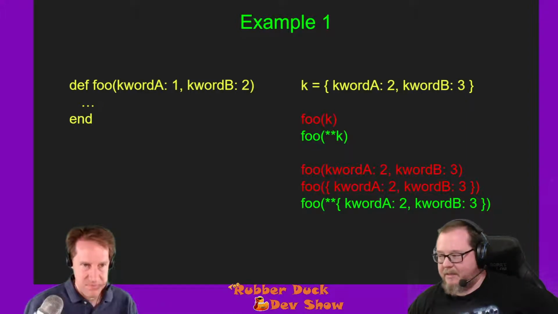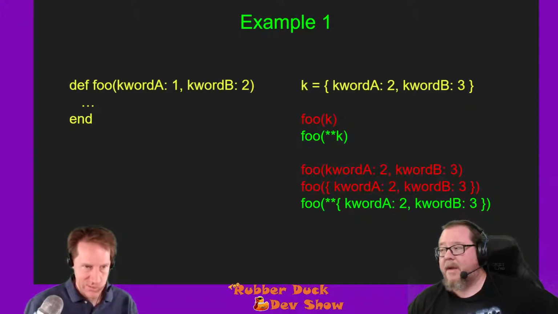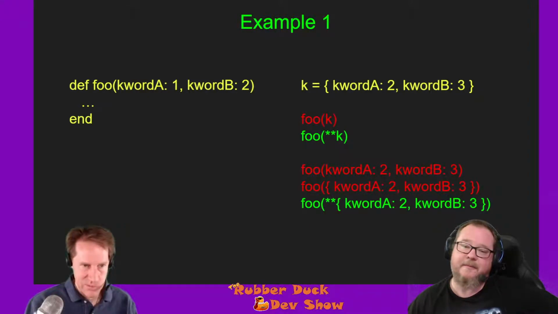But that's part of what got confusing for the automation. I'm using a very simplistic example here to highlight just what we're talking about. But normally, you don't just have these keyword arguments. You have positional arguments and then keyword arguments a lot of times.